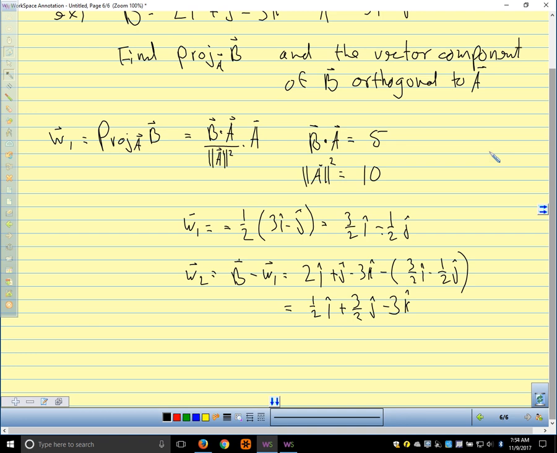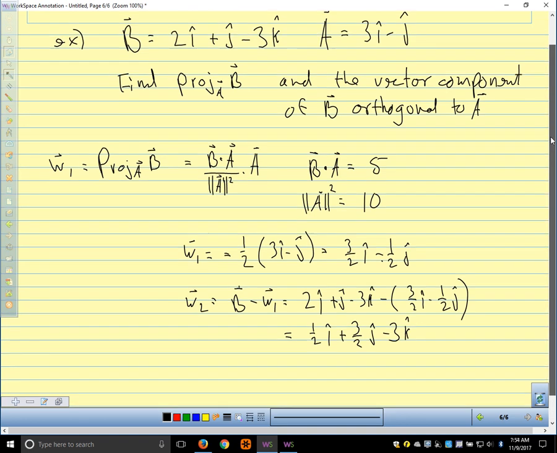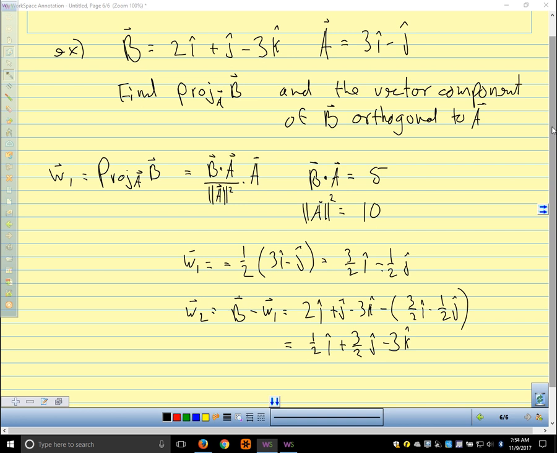All right, is W1 in the direction of A? Yes. How do we know? It's a scalar multiple, right? W1 is in the direction of A because it's a scalar multiple of A. Is W2 orthogonal to A? How would we tell? The dot product.